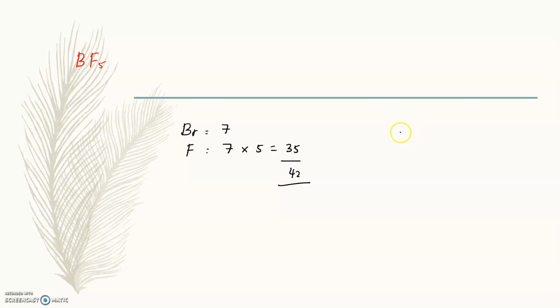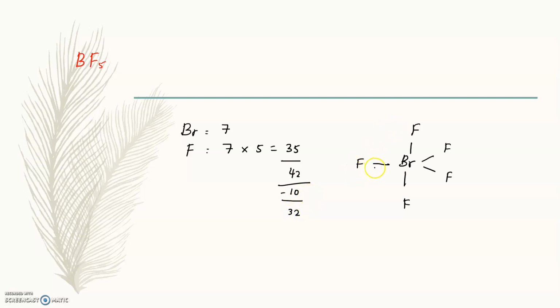Bromine is less electronegative than fluorine, so it is the central atom, with 5 fluorine atoms as bonded atoms. So there are 5 bonding pairs here, 2, 4, 6, 8, 10 bonding electrons. So 32 non-bonding electrons are left.